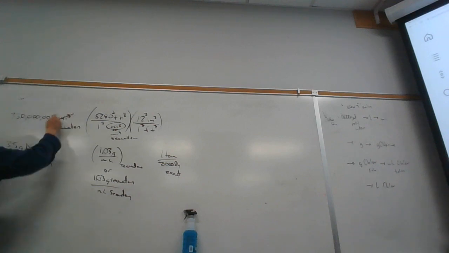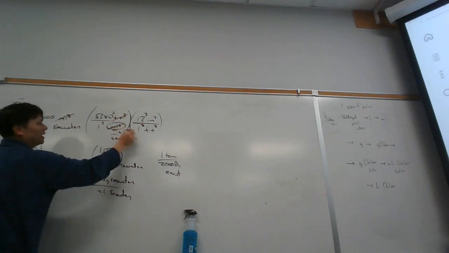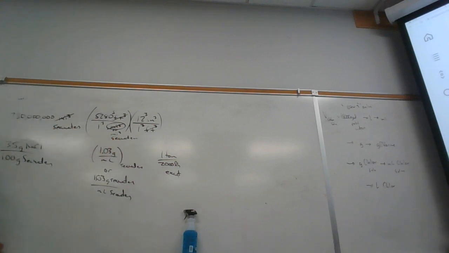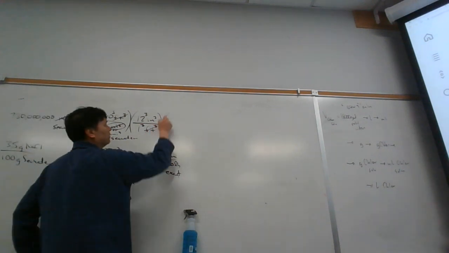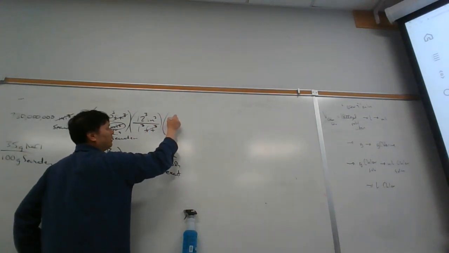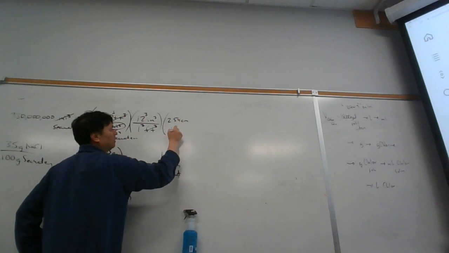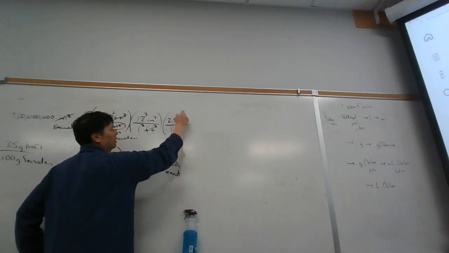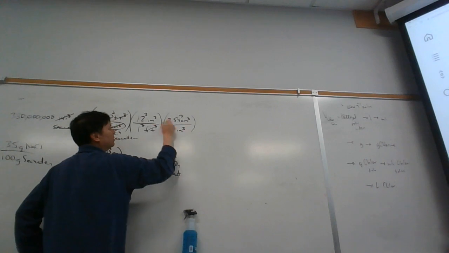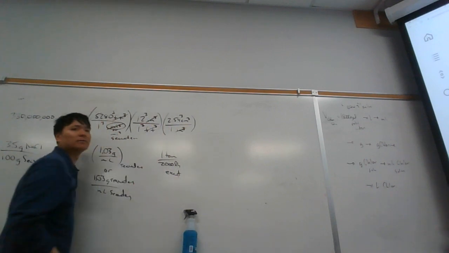Okay, so cubic miles cancels, cubic feet cancels. Now I have cubic inches of seawater. Where can I go from here? Centimeters. Yeah, let's go there. So 2.54 centimeters per inch, and then we'll cube the whole thing. And so we go from cubic inches to cubic centimeters.